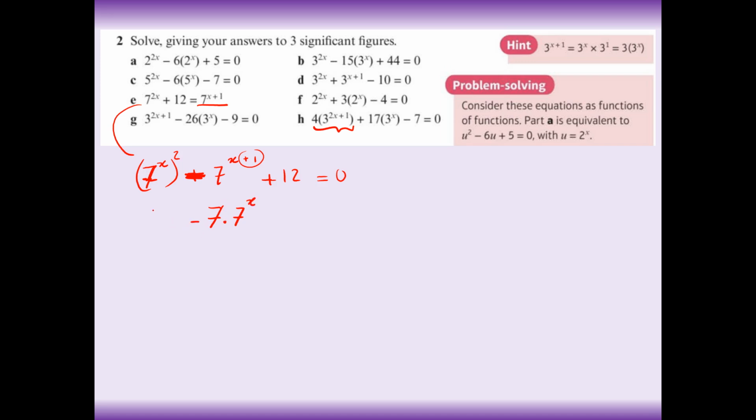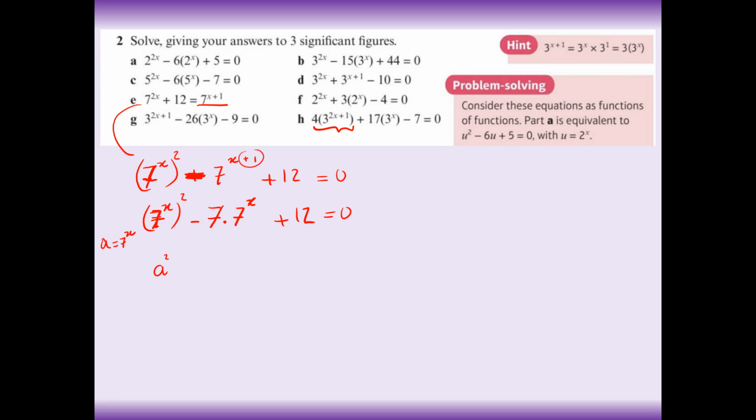So that means that we can substitute some other letter for 7 raised to the power of x. Let's use a. Here is a squared, where a is 7 raised to the power of x.